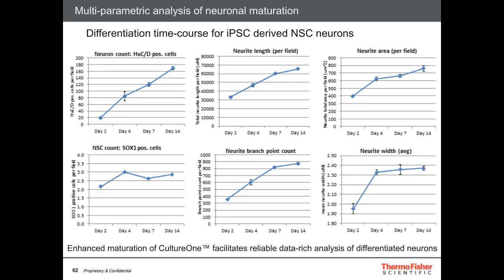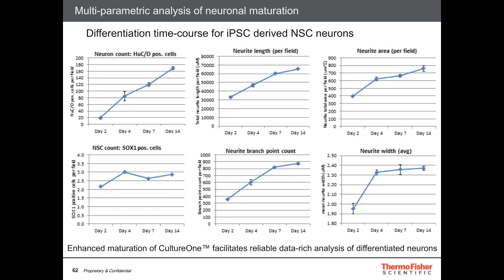And you can see as time goes on from day 2 to day 14, your neuronal count is increasing. And then below that one, you have the NSC count, which is just really around 2 to 3 cells per field. It's very low, and it does not increase over time, suggesting that you've gotten rid of the proliferation of the progenitors.